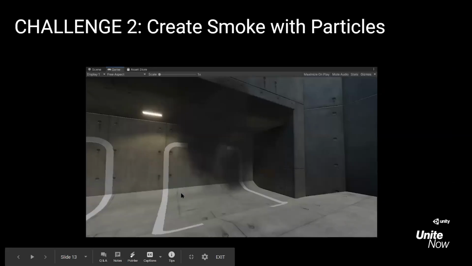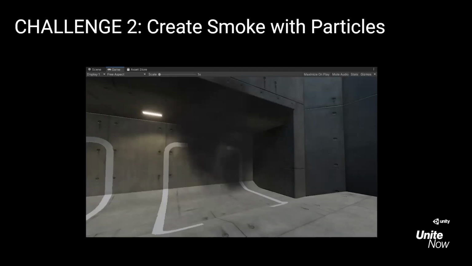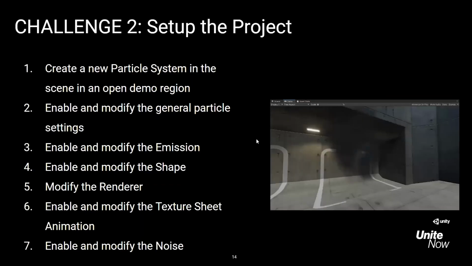All right, so the next step here is to create some smoke. We're going to follow very, very similar steps, but instead of making them fall, we're going to make them rise. So how exactly are we going to do that? Yes, we are going to create a new particle system. We will modify a few of the general particle settings, again, in the main module where we were just working.